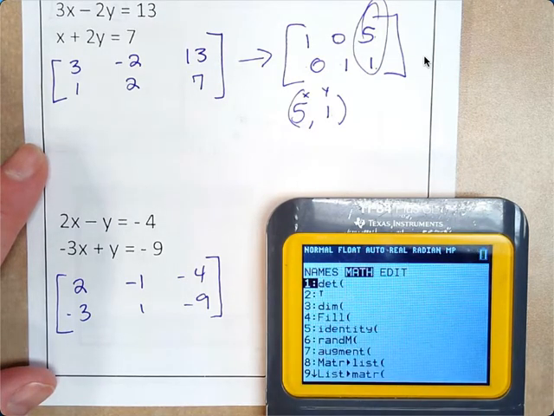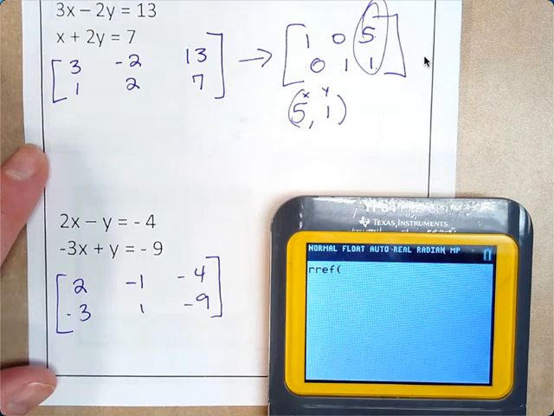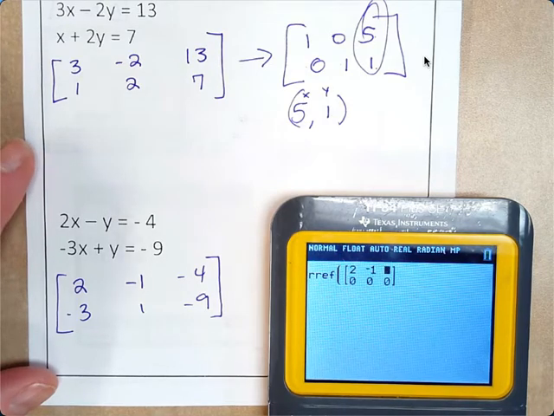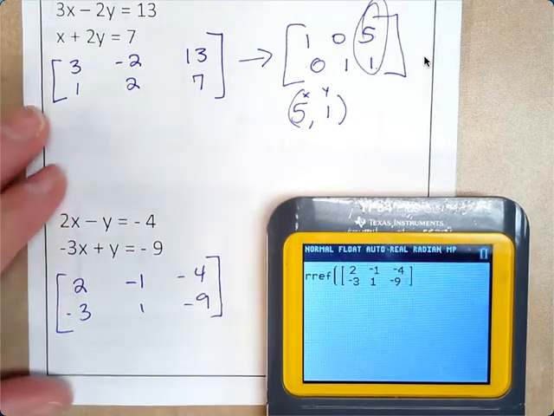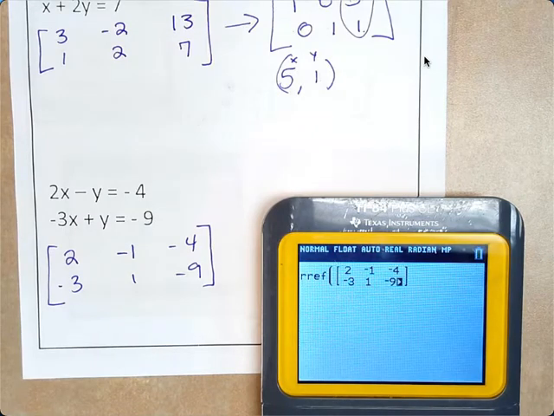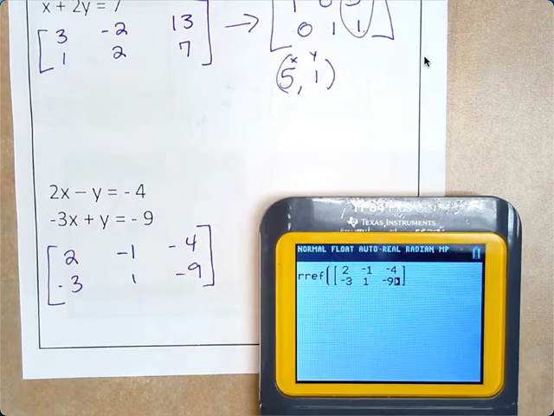I picked the wrong one. There we go. I need to practice putting it in.